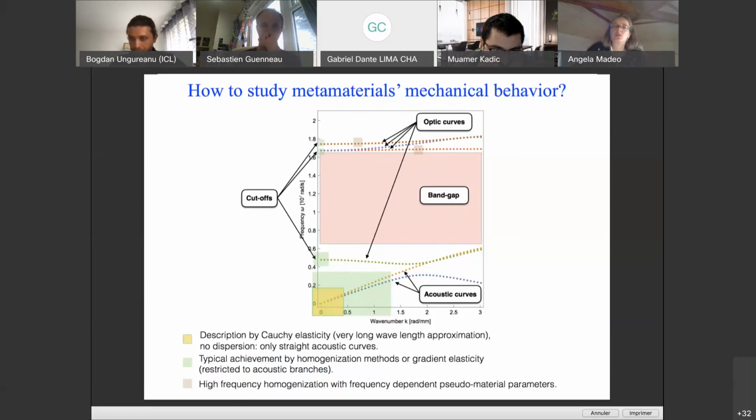I will try to give a brief sketch of what all these theories are about. So with second gradient theories, you are always in the acoustic curves region, but you can start seeing some dispersion, so where the curve starts bending. And then you have all the homogenization methods that allow you to go higher in frequency, for small or even higher wave numbers, you can fit your dispersion curves to model the material behavior.